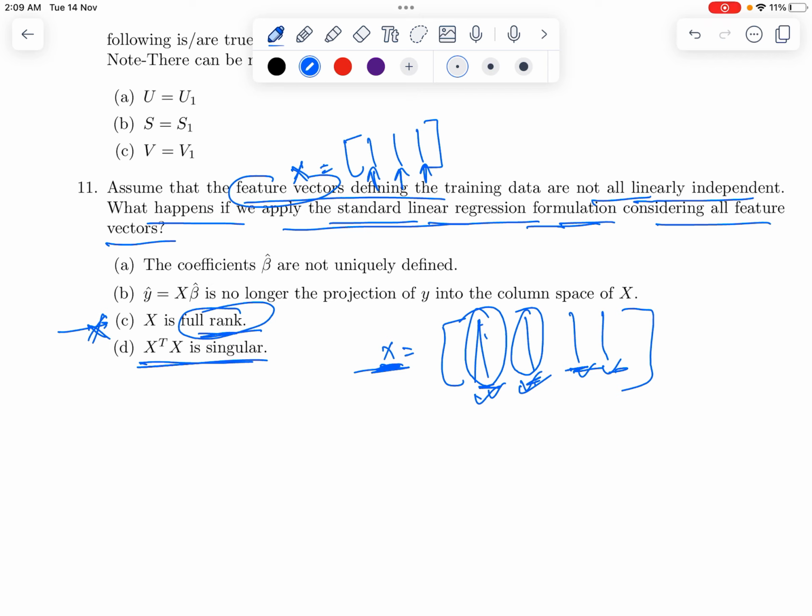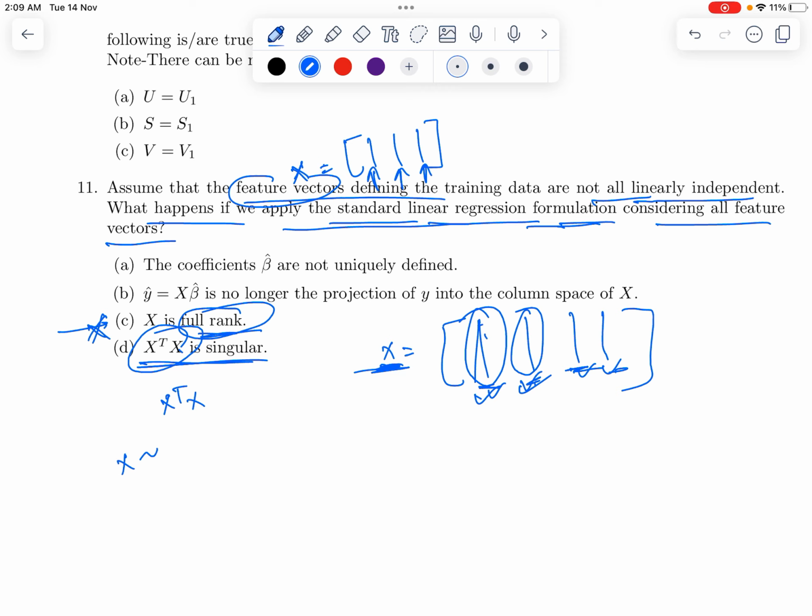So what about X transpose X? If X is singular, what can we say about X transpose X? Is it singular? It would be.